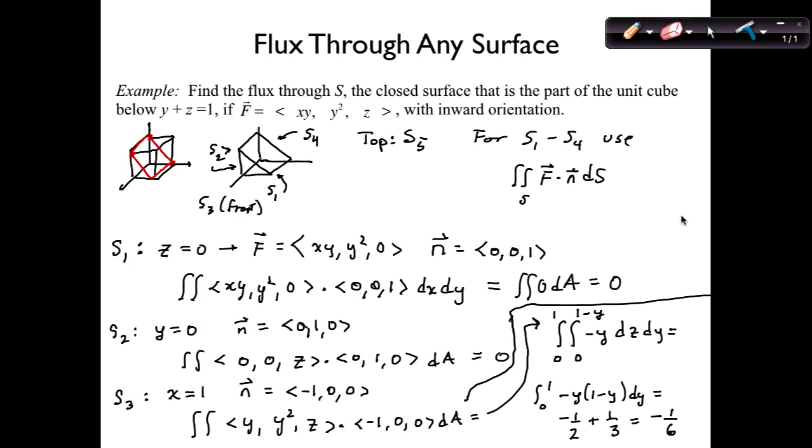Inward orientation. So inward orientation from that plane will be in the negative x direction, right? That's why it's negative 1, 0, 0. And we're at x equals 1, so you can plug x equals 1 into your field. Did I do the math right? Is it negative 1/6? Yeah. Okay, good. People are getting that.